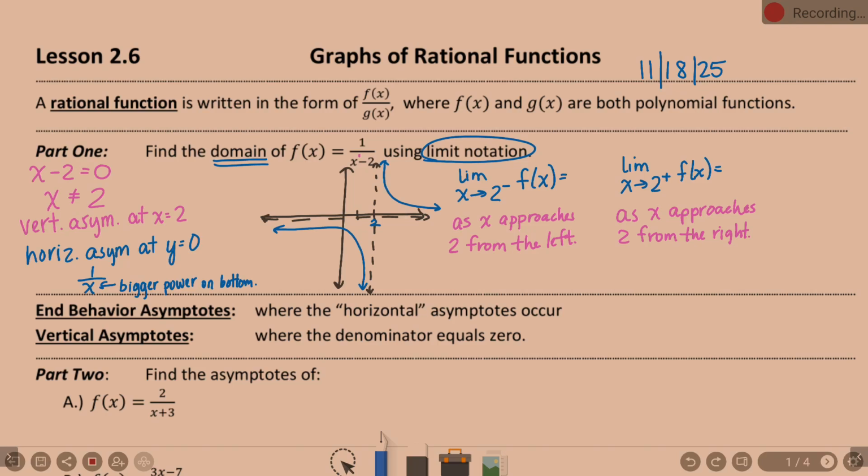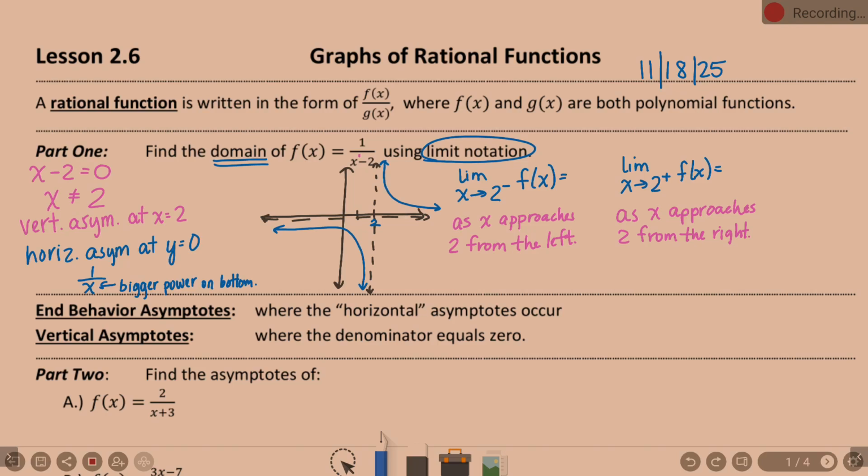Easy answer though. Okay. The limit as x approaches 2 from the left. That means I'm going to hop on my graph here, hop on my blue graph, and follow it. I'm going to approach 2 from the left, which means I'm going to hop on my graph over here. As I hop on my graph over here, I'm going to follow, follow, follow, follow. As we get closer and closer to x equals 2, where's my graph going? Down. What's a mathematical word for down?